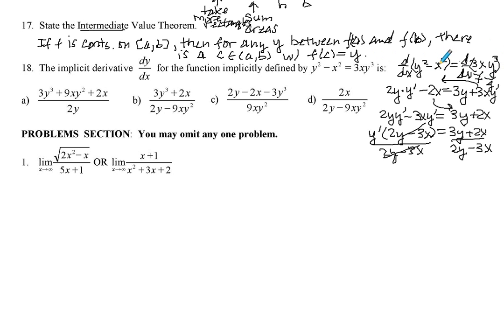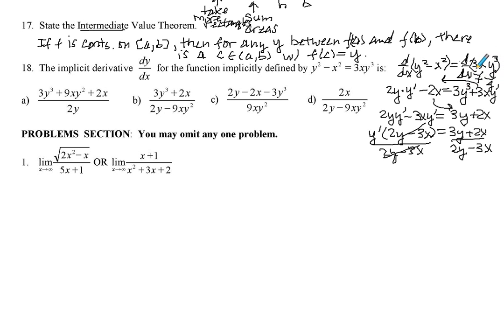The left-hand side stays the same, so this is all good. On the right-hand side, though, our derivative is going to change here. F prime is 3, but then g is going to be y cubed, so this needs to be a cube.